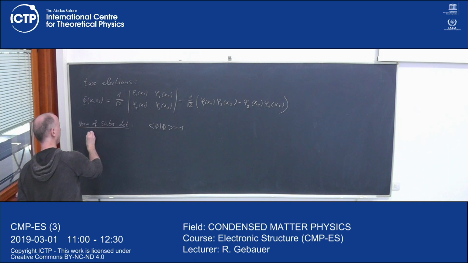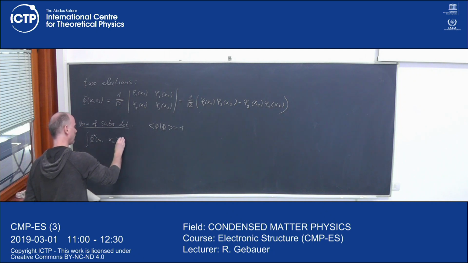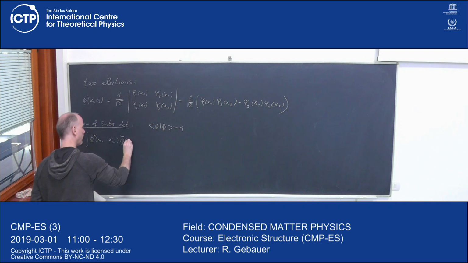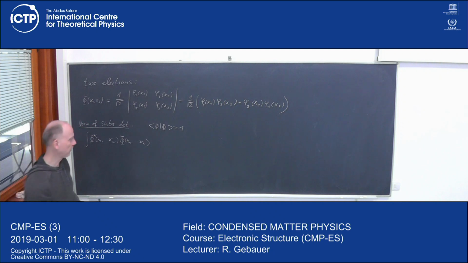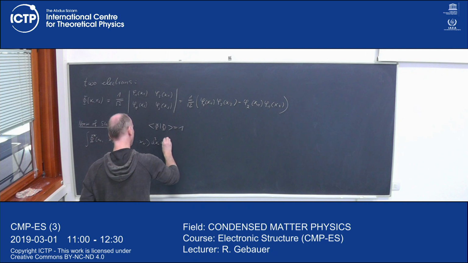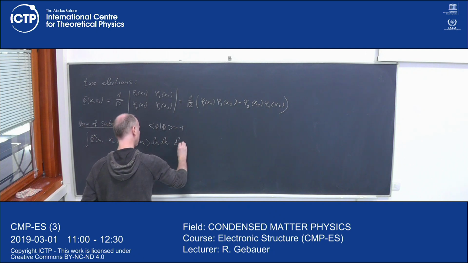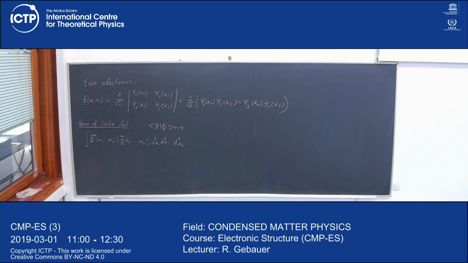We would have to calculate an integral of phi star of x1 up to xn times phi of x1 up to xn, and integrate over all the degrees of freedom, dx1, dx2, and so on. This is, as always, the definition of a scalar product between these two.